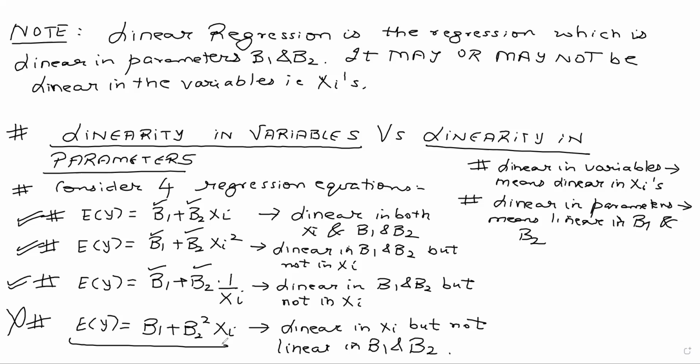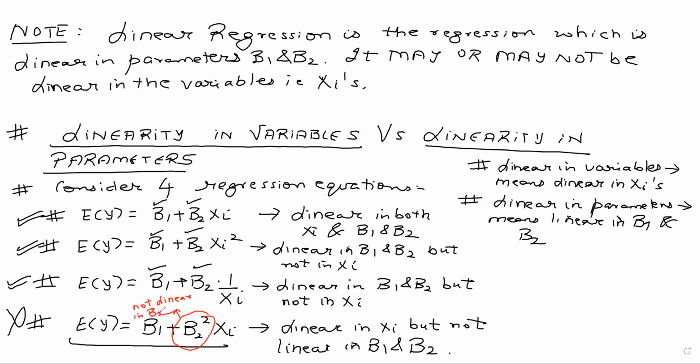Why? Because it is not linear in the parameters. If you look at the last regression equation, instead of b2 we are having b2 square. This is not linear in B2.